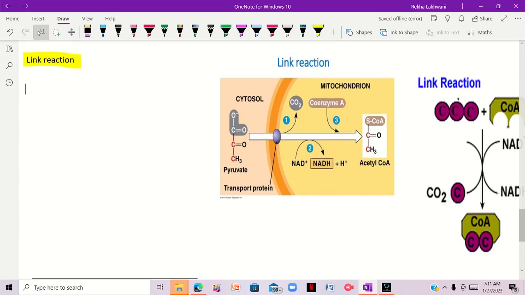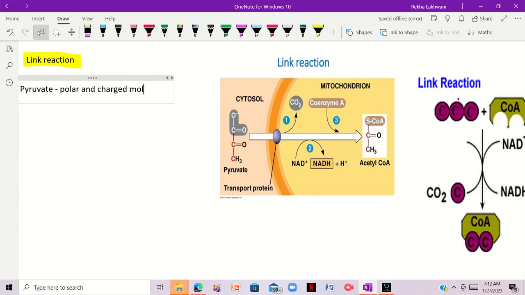Basically pyruvate, which is made as a result of glycolysis, is a polar and charged molecule, right?